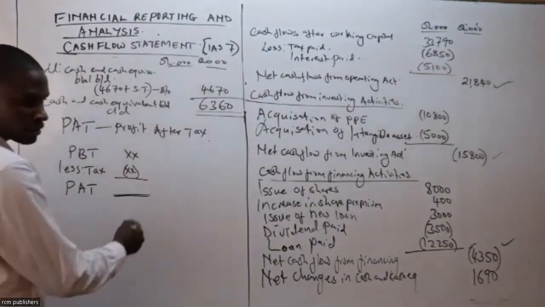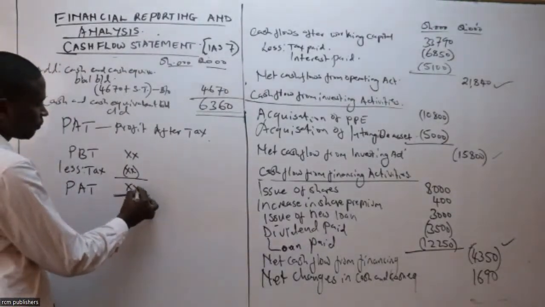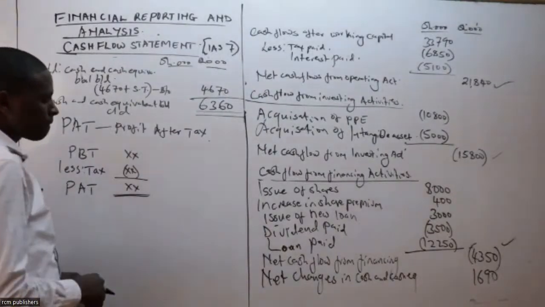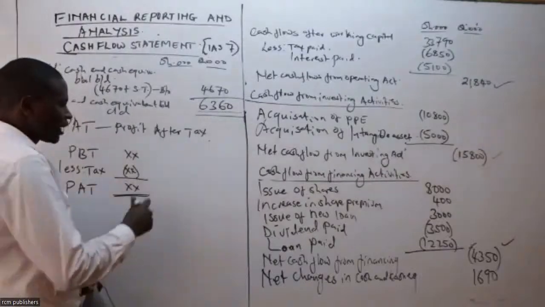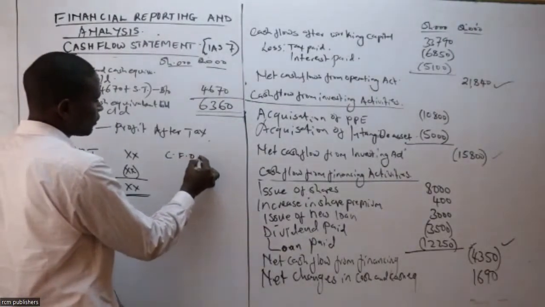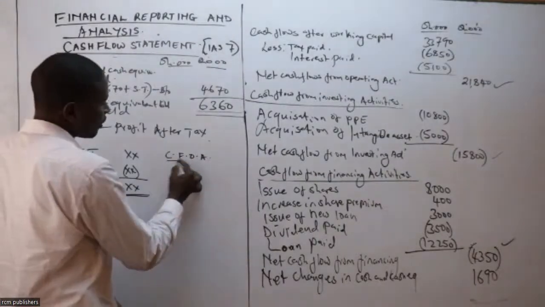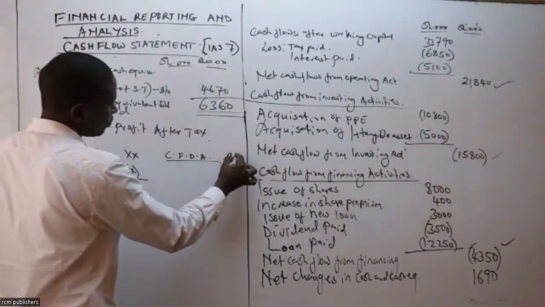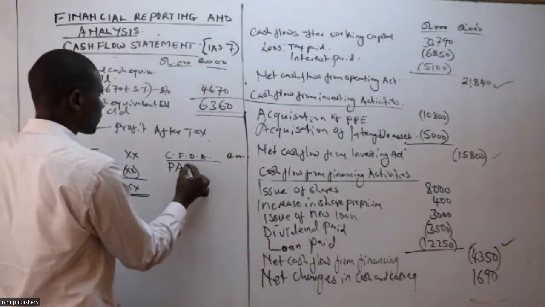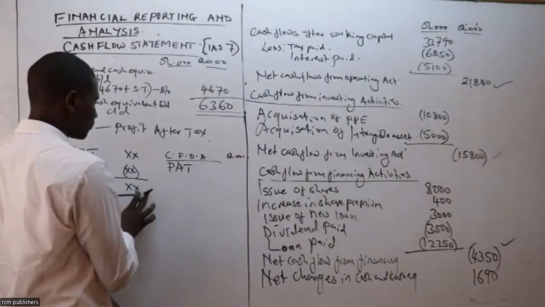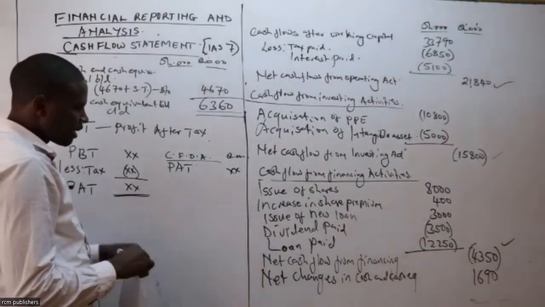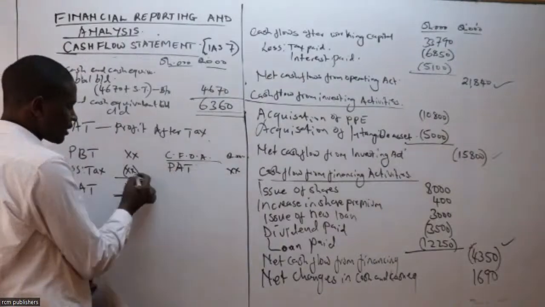So the examiner sometimes will give you this. When the examiner gives you this, when you're preparing your statement of cash flow, whereby we have the cash flow from operating activities, down there, just put your PAT. Then remember that in this PAT, we had subtracted tax.